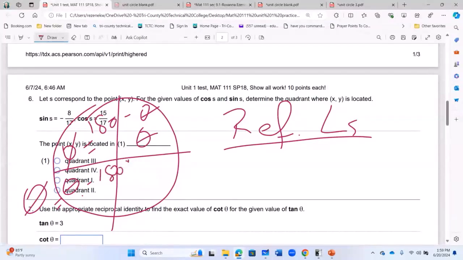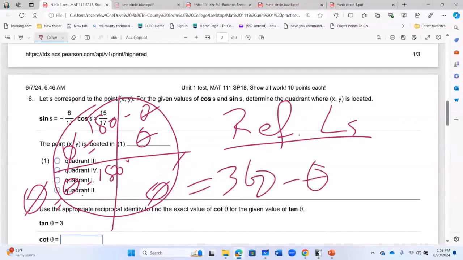In the fourth quadrant, the reference angle phi is equal to 360 minus theta, the original angle. And theta is the angle in standard position. If an angle is in standard position, it goes in the counterclockwise direction.